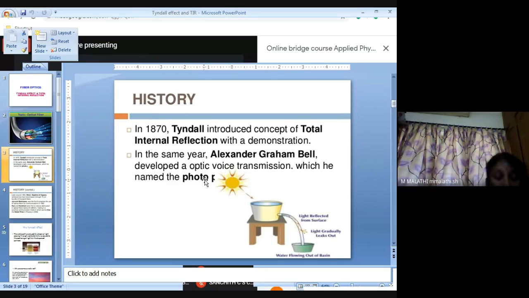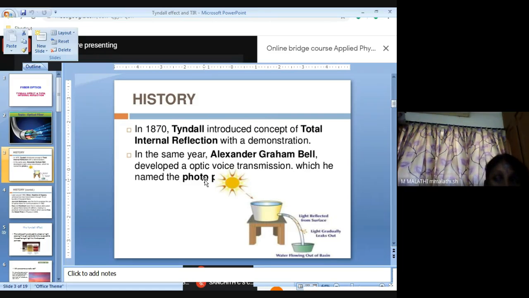So what I have to tell you here is the optical fiber is a waveguide. It is a tubular structure where any sort of electromagnetic waves can be transmitted from the transmitting end to the receiving end with a minimum loss.